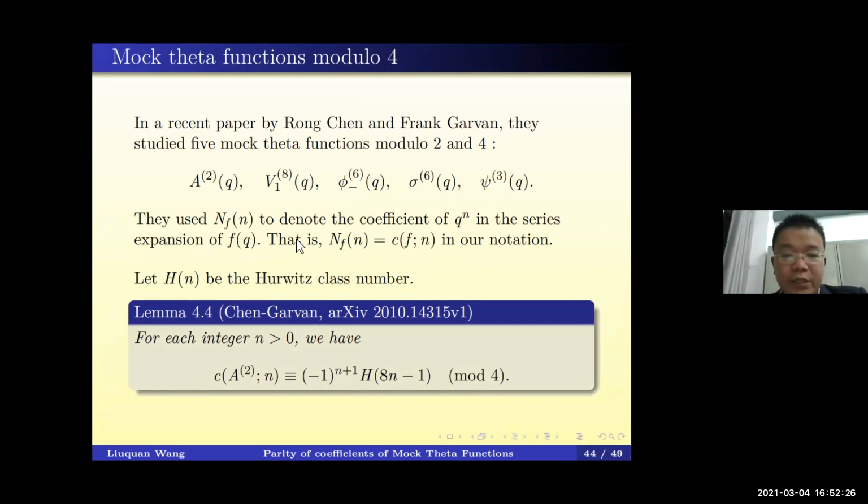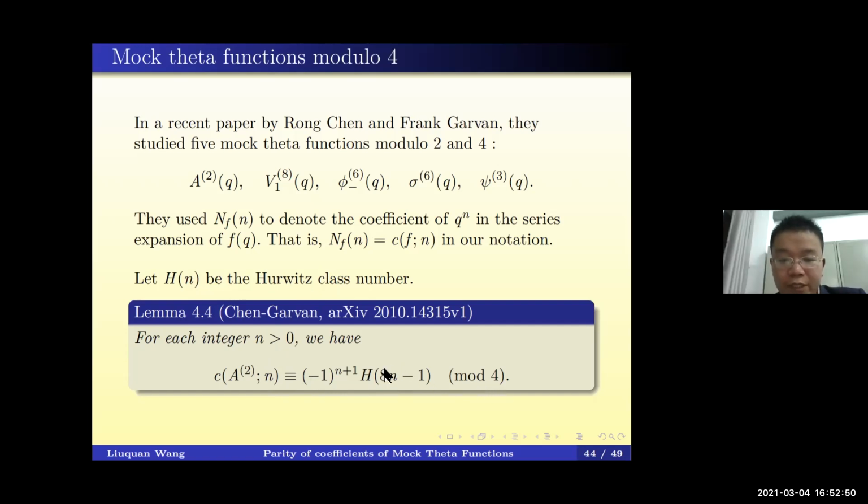They find that the coefficients of some Mock theta functions are actually related to the Hurwitz class number. We use H of n to be the nth Hurwitz class number. They found that, for example, for the second order Mock theta function A of q, the nth coefficient is congruent to h of 8n minus 1 times minus 1 to the n plus 1 power modulo 4.